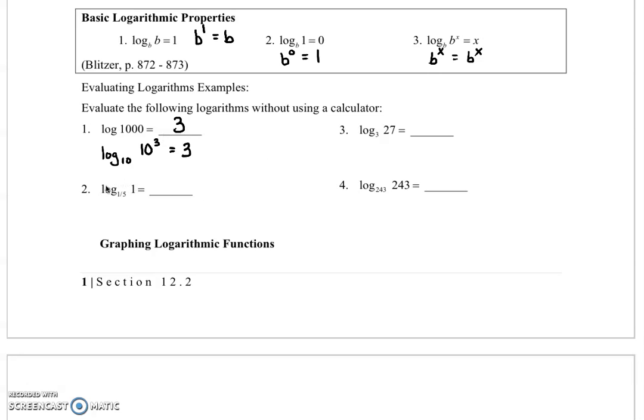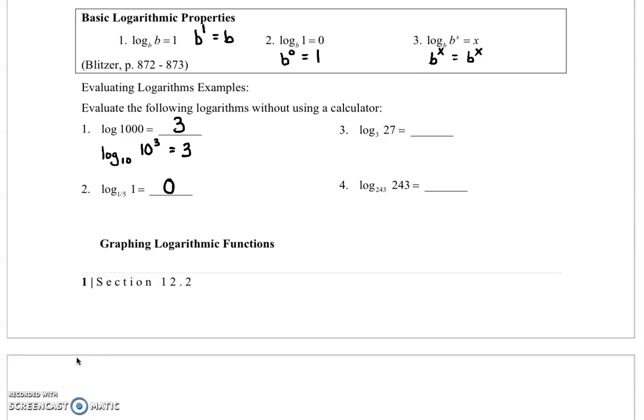So number 2 says log base 1/5 of 1, and we want to know what that equals. Well, don't be scared by the fact that the base is a fraction, because property 2 says that any log base anything of 1 is 0. So that's just going to be 0.